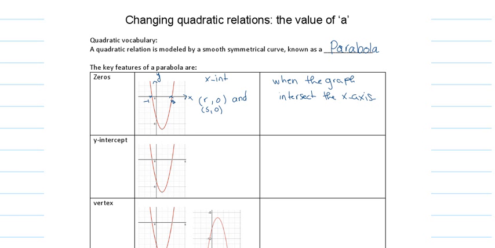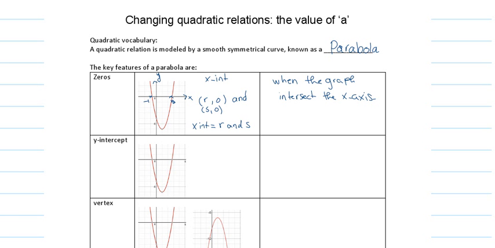There's another way that you can write it. You can write it as x-intercepts equal to R and S. So these are two different ways that you can represent the x-intercepts.